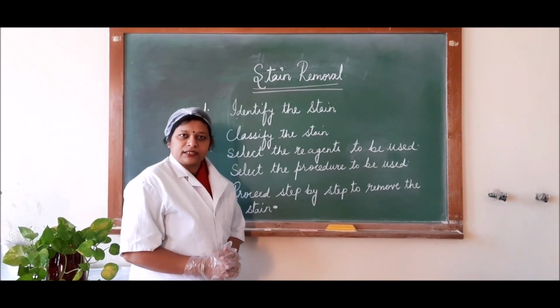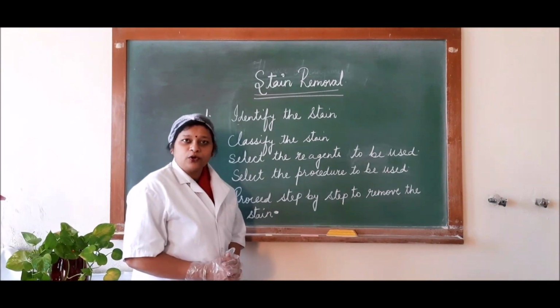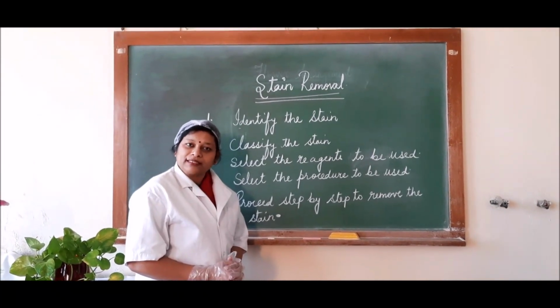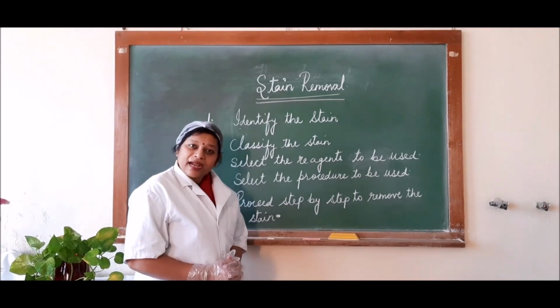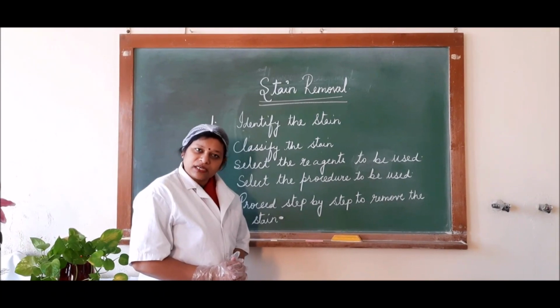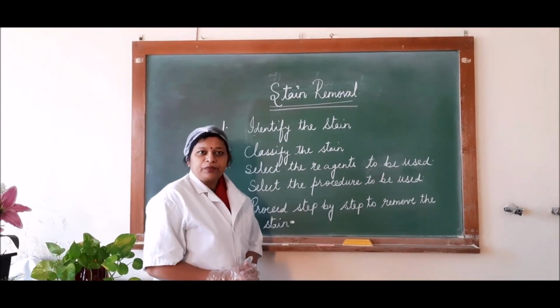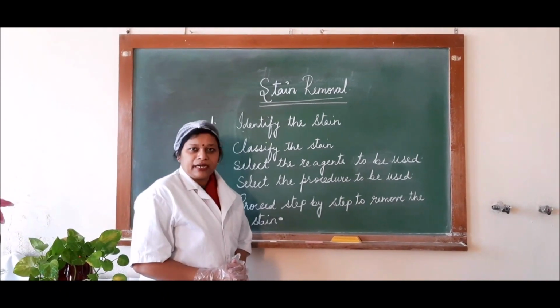The person who is tasked and trained to do stain removal is called a spotter. Spotters are motivated and trained to remove different kinds of stains on guest fabrics and hotel clothes, ensuring that the fabrics are not damaged.